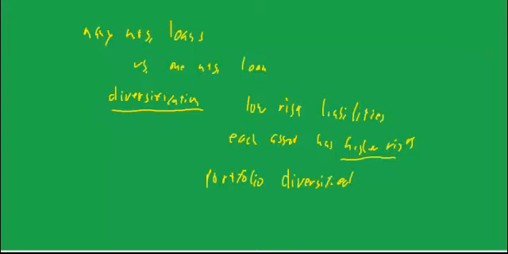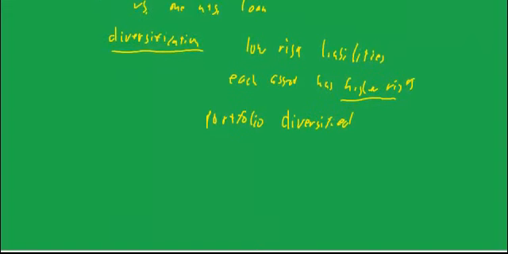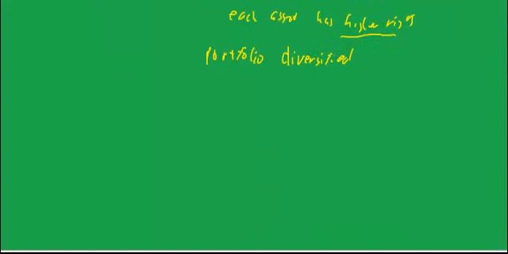So diversification does allow you to reduce risk in some sense in the system. But once you get beyond the ability to reduce risk by diversification, all you're doing is reallocating risk.